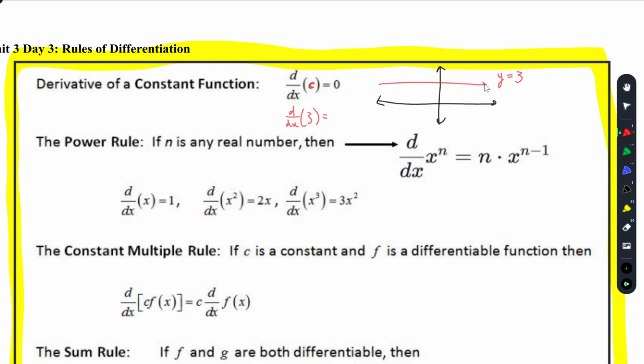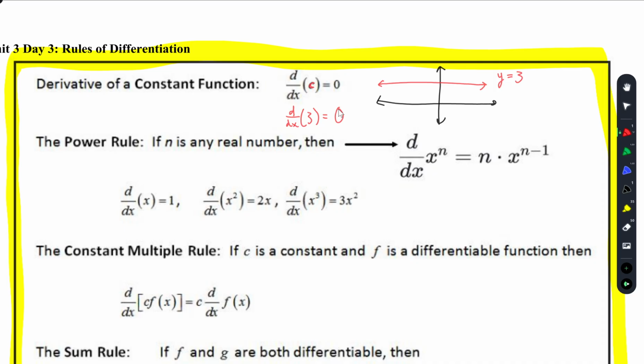I have to find the slope of the tangent line, right? The slope of a horizontal line is 0. So for every constant, the slope of that line is always 0. The derivative of it is always 0.